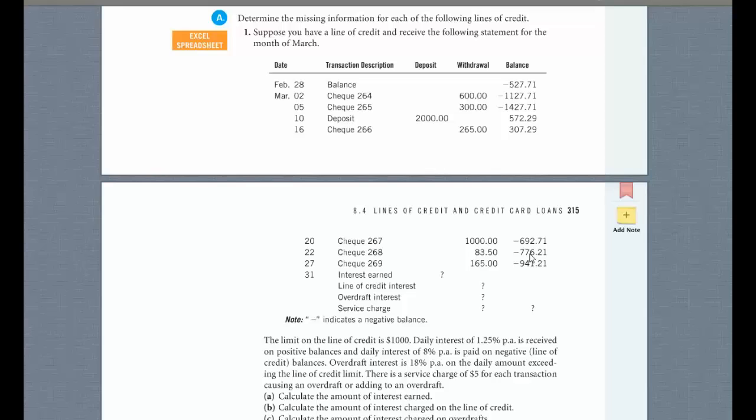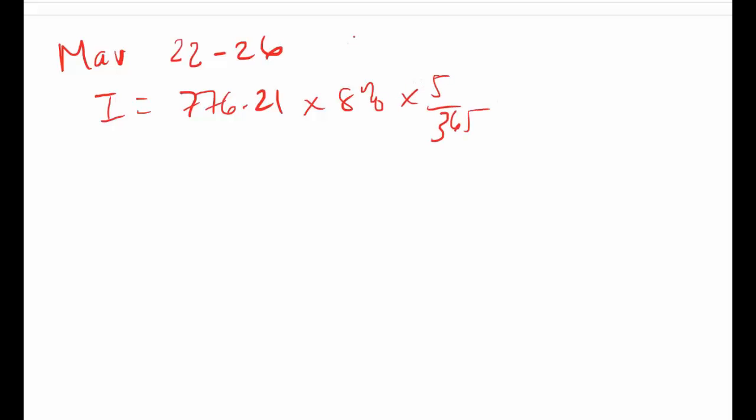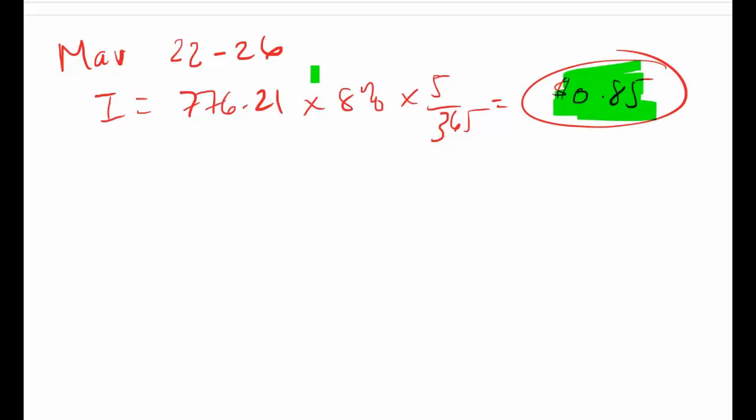So it's 776.21 for 5 days, and it's at 8% still. All right, so that works out to 85 cents.